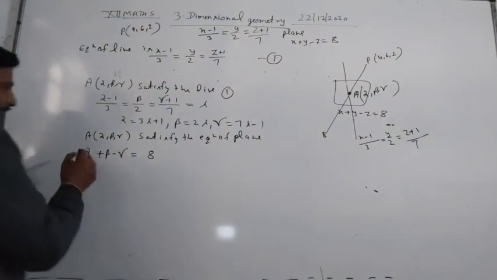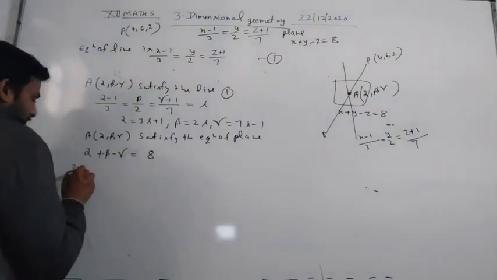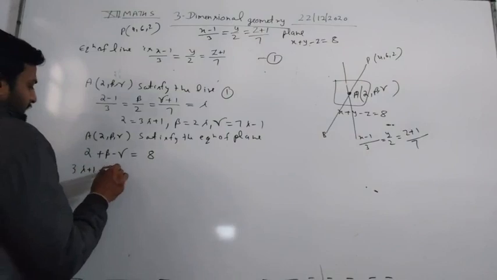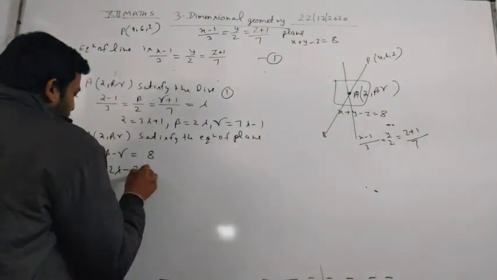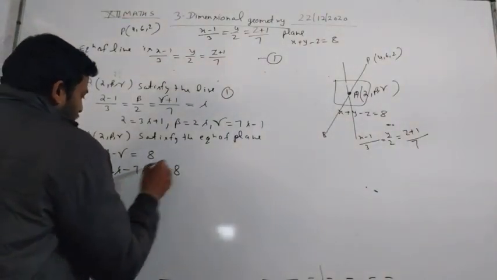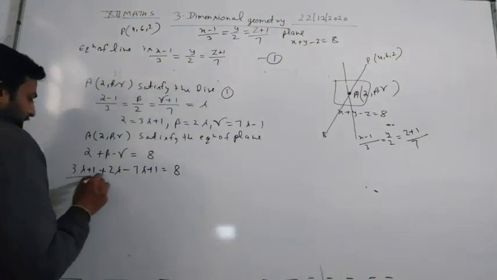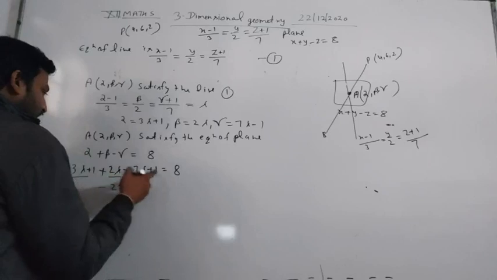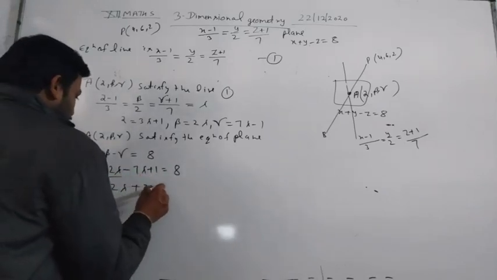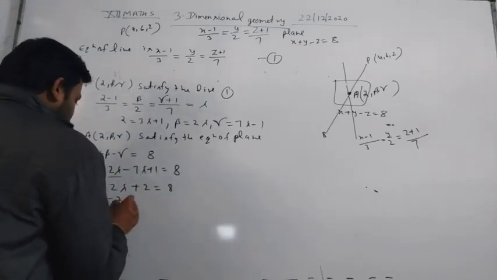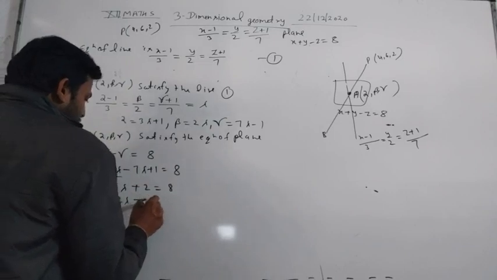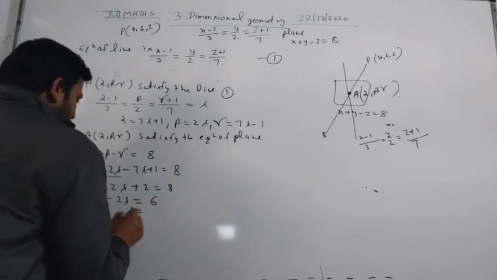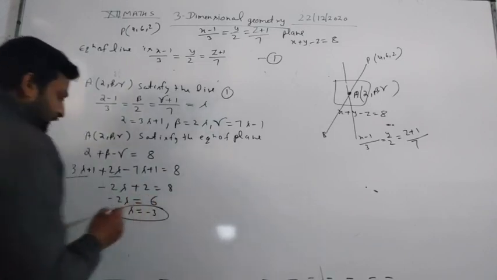So write the value of alpha, which is 3 lambda plus 1, beta, which is 2 lambda, and gamma, which is 7 lambda minus 1. So this is 3 lambda and 2 lambda, 5 lambda, minus 7 lambda, so minus 2 lambda, and plus 2, which is 8. So minus 2 lambda is 6, lambda is minus 3.